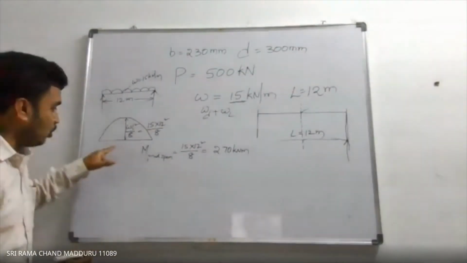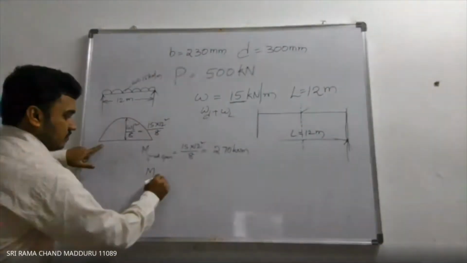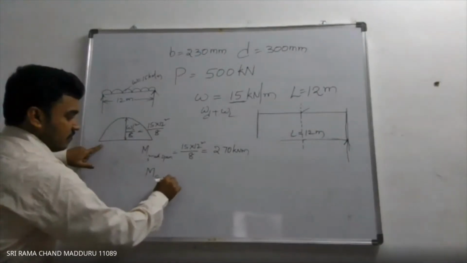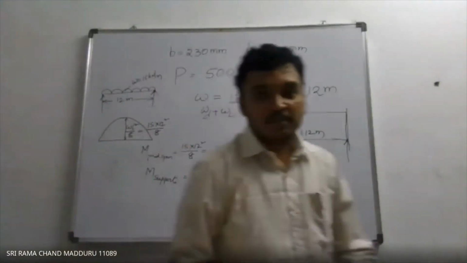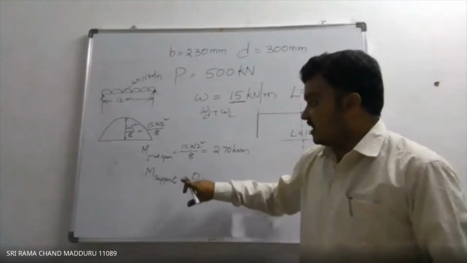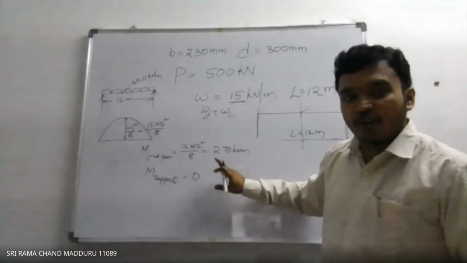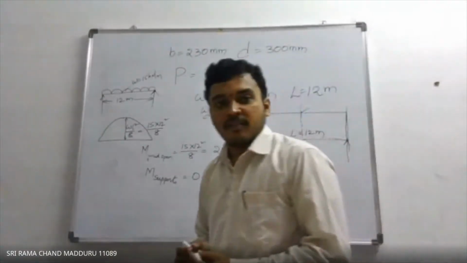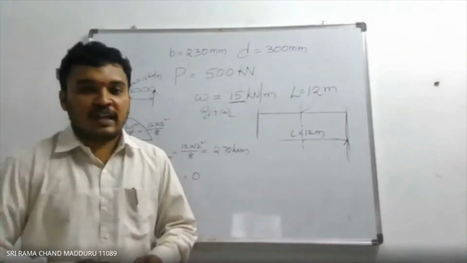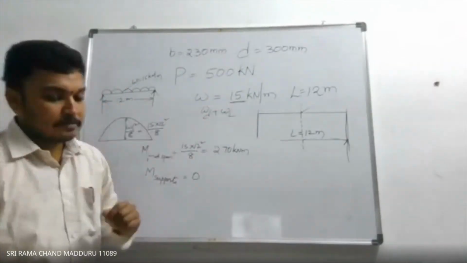What is the moment at the supports? It is 0. For a simply supported beam, the moments at the supports are 0. The moment at the midspan is 270 kilonewton meter. Write down that one.